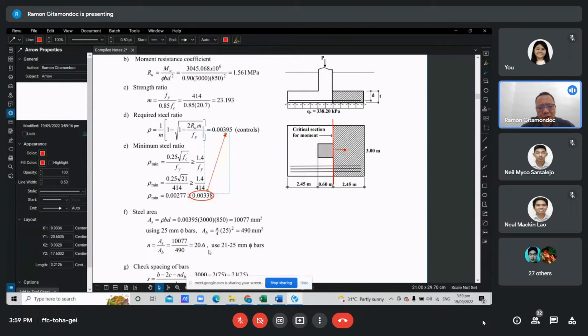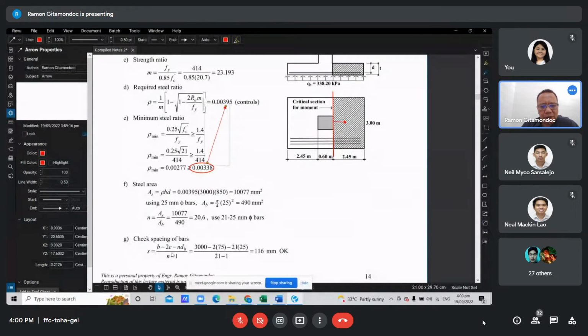That's 20.6, so we round off to the next higher integer. So use 21, 25 mm diameter bars. The steel reinforcement is to be distributed equally across this width.